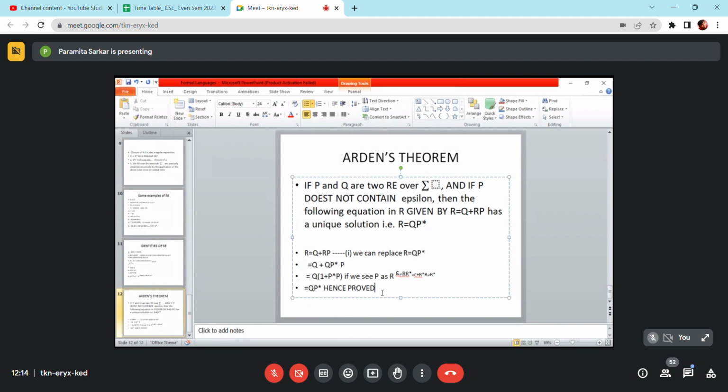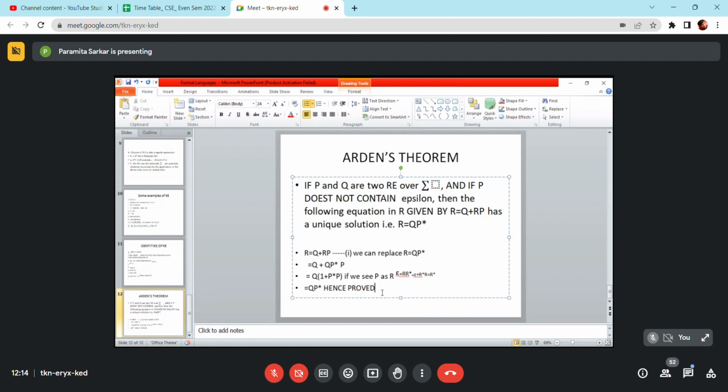It is given in the picture that R equals Q plus RP, this is given in the question. So instead of R, you replace R by Q plus RP in the second line. After taking out the bracket and multiplying by P, we get Q plus RP square.